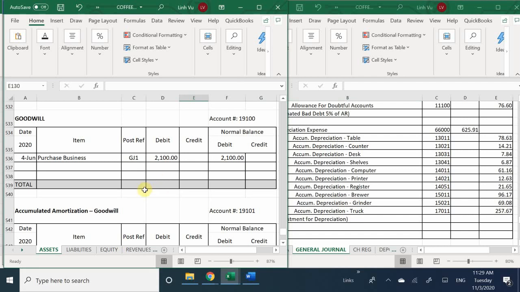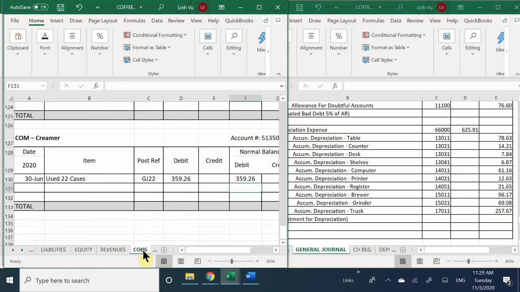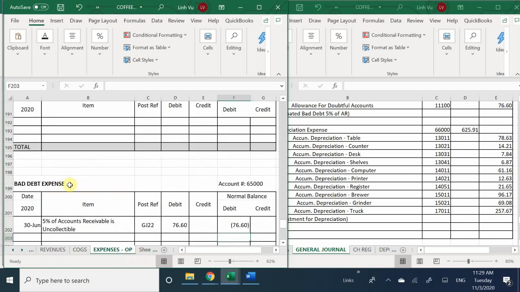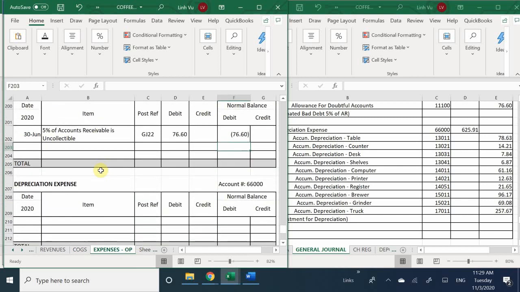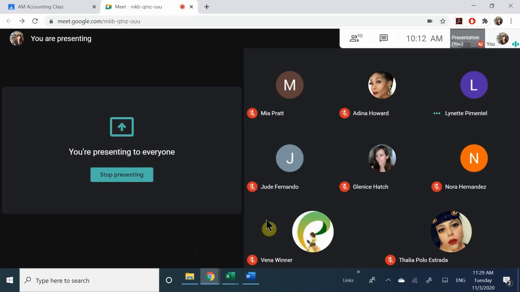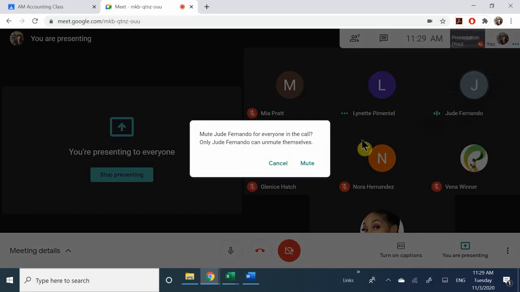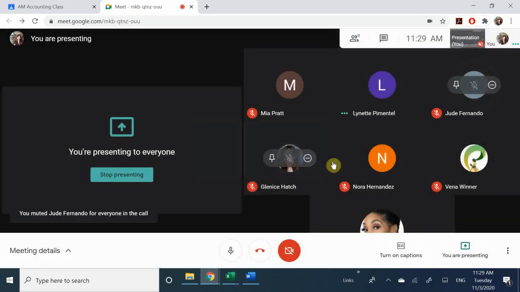I have depreciation expense, which is going to be operating expense. So here's depreciation expense, 630.